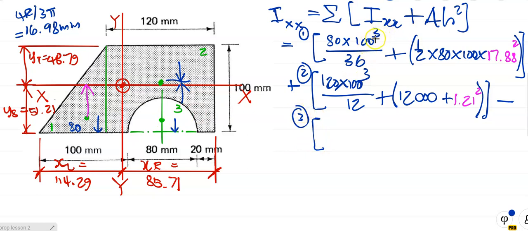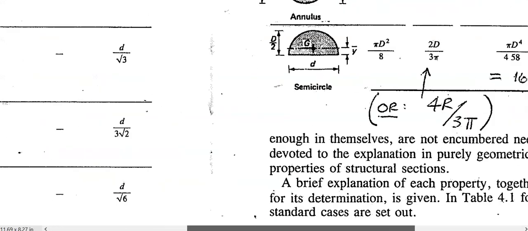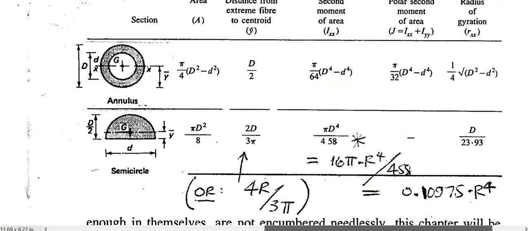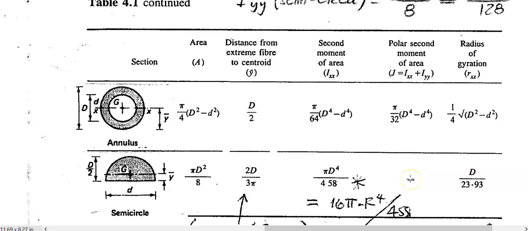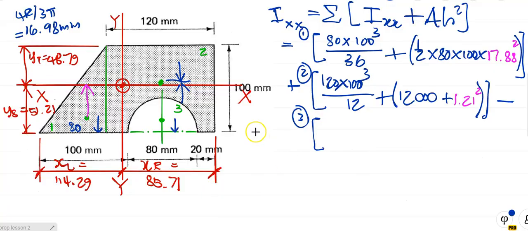What's the formula for the second moment of area of a semicircle? I'm going to my table. Now be very careful. The x-axis of the semicircle is lying this way, which is parallel to the base of the semicircle.